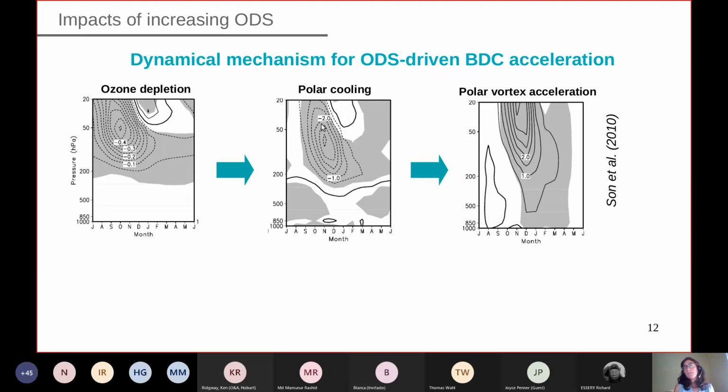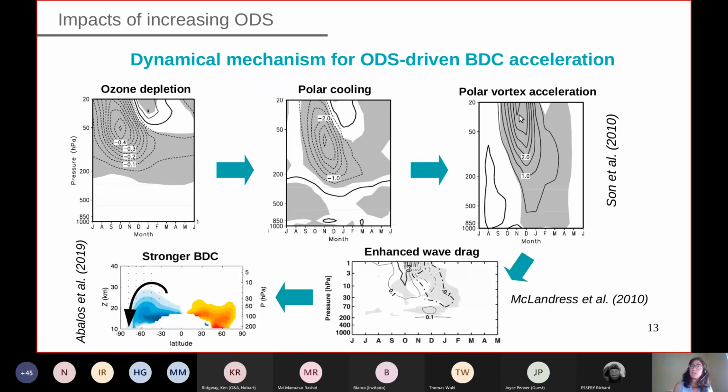And this cooling in turn, again, just to maintain thermal wind balance, leads to an acceleration of the zonal winds in this region and season, and that leads to enhanced wave drag in DJF in the Southern Hemisphere, which accelerates the Brewer-Dobson circulation in the Southern Hemisphere.